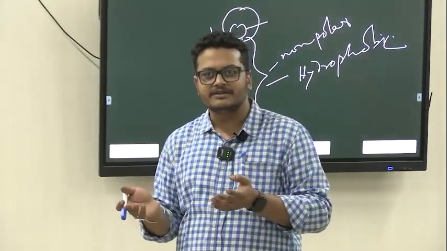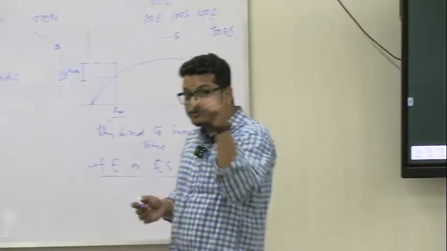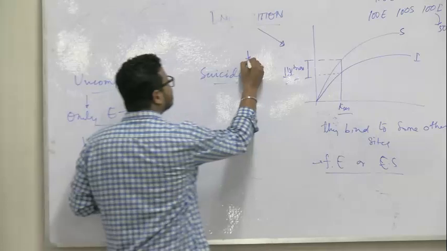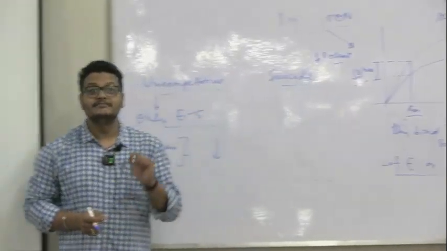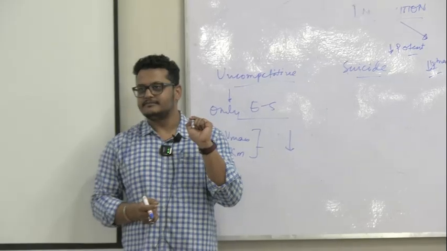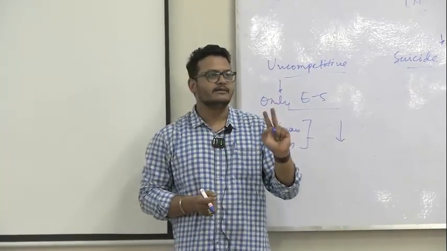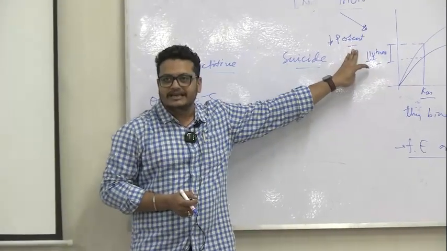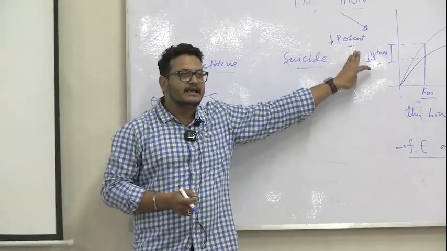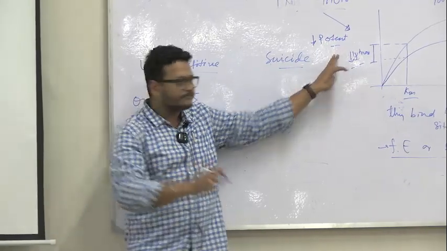The difference lies in the inhibitor that you are using is less potent. Listen to me first, write later. The inhibitor that acts as a suicide inhibitor is a less potent inhibitor. Point number 1.